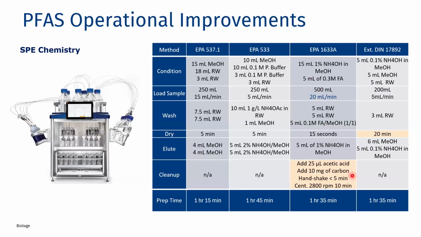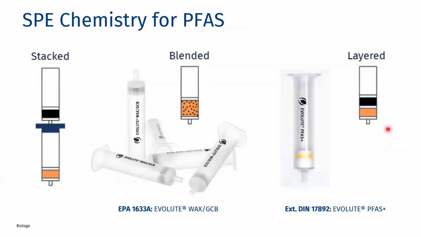It takes another 15 or so minutes just to do this portion. And you'll notice that in our extended DIN method, we actually had to add a dry time of 20 minutes to dry our SPE, and I'll get into why that was done. But let's talk about the SPE chemistry for a bit.